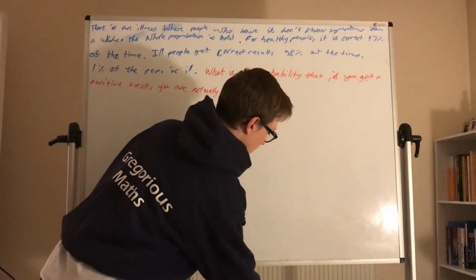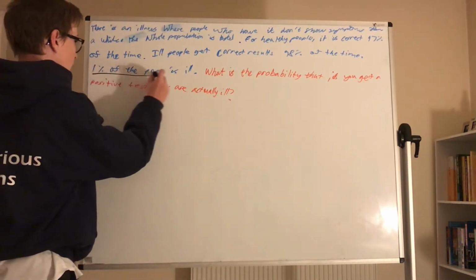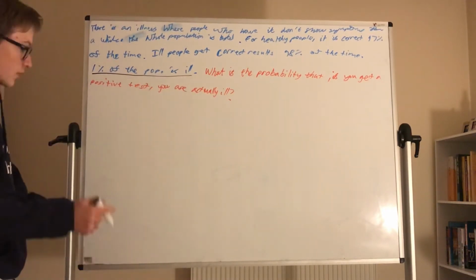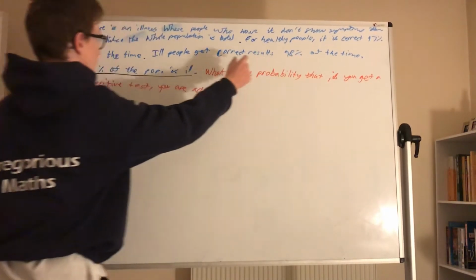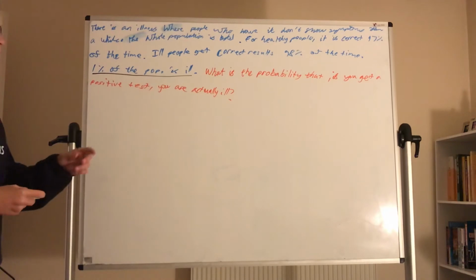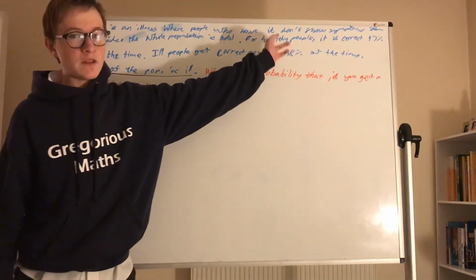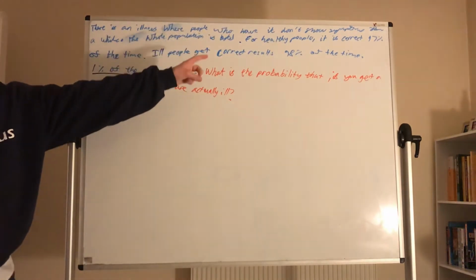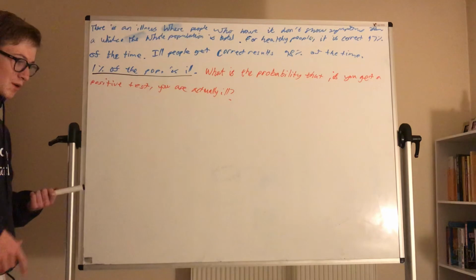But the thing is, 1% of the population is ill, so this 98%, even though it's a much larger number, might not actually be as big as the 3% of healthy people that test positive. So how should we approach this?